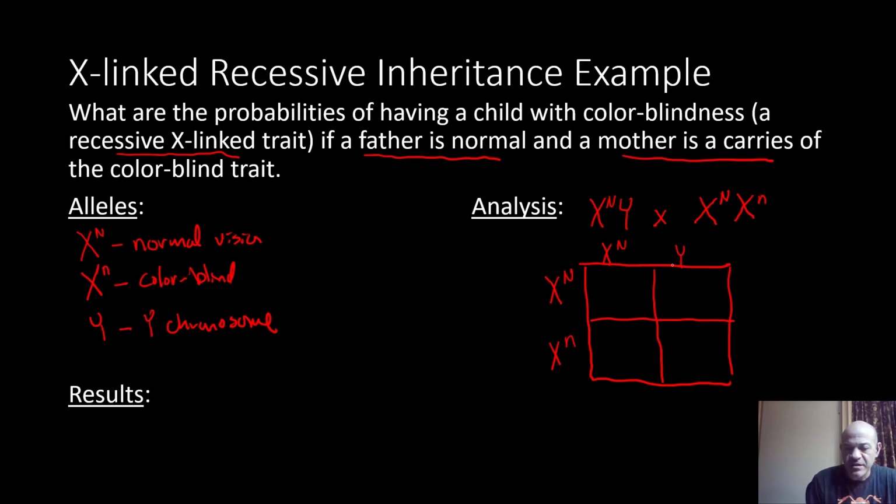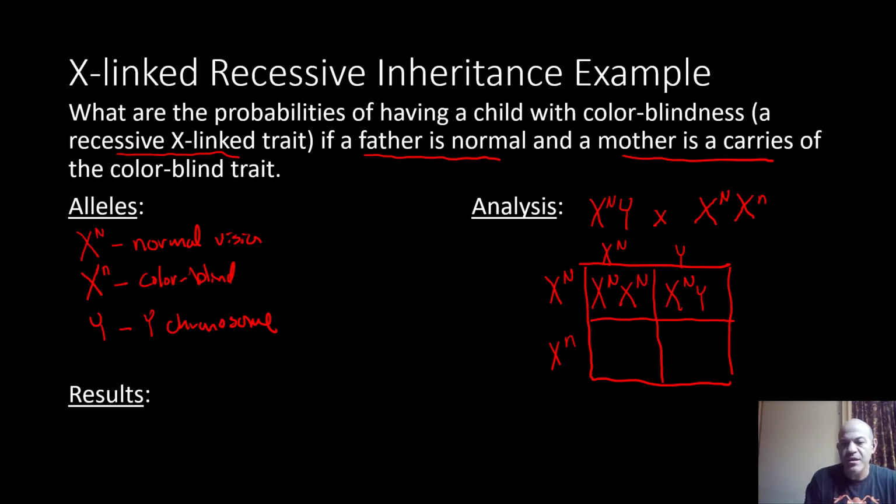Sperm carrying the Y chromosome are also equally likely to fertilize any of the possible eggs from the female. So in this box here, 1 out of 4 boxes is going to be a homozygous normal female, and then one box is a male with normal vision, and there's no such thing as homozygous or heterozygous here, because you only get one copy.